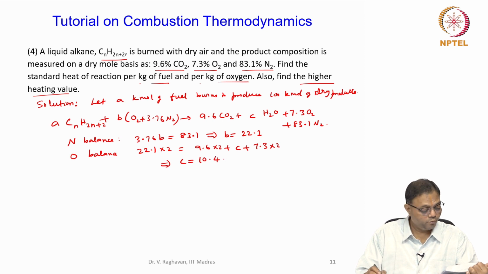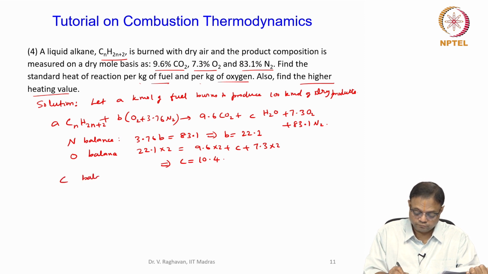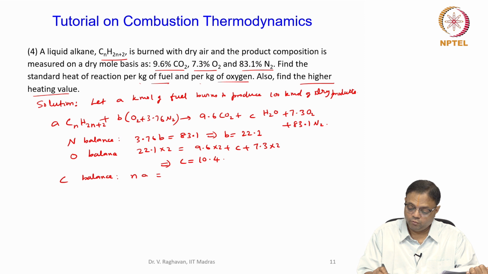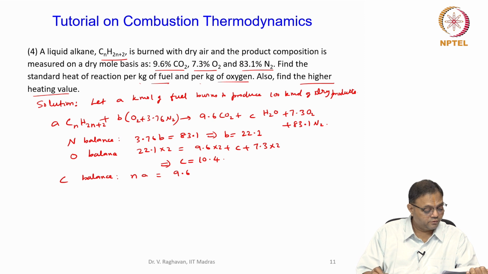Then the C balance: n into A on the left hand side is equal to 9.6. So this is one equation which we have.